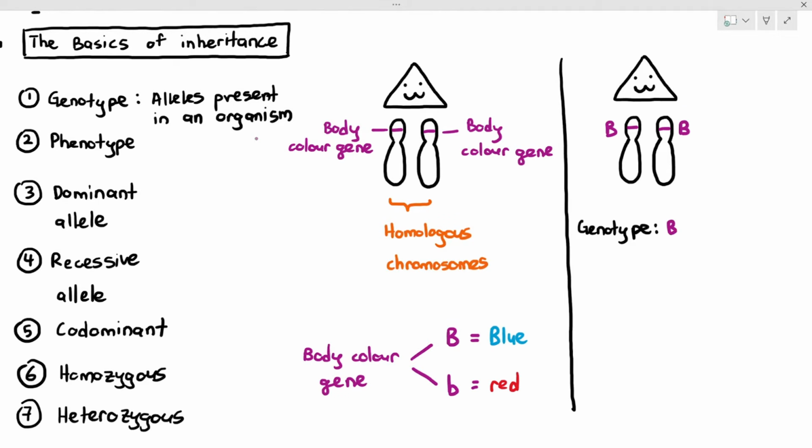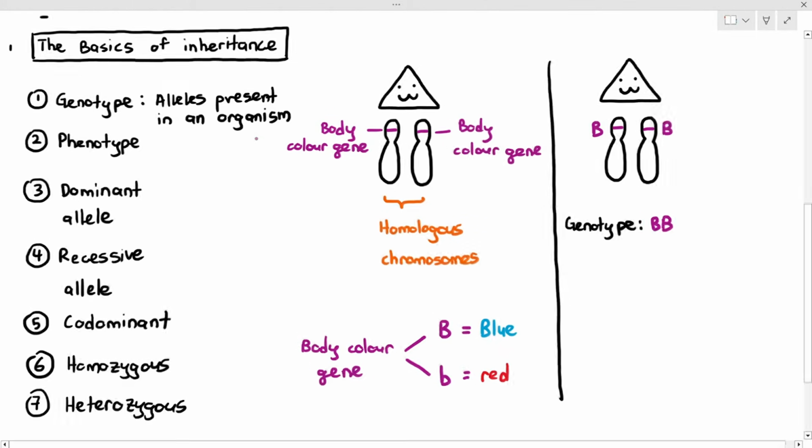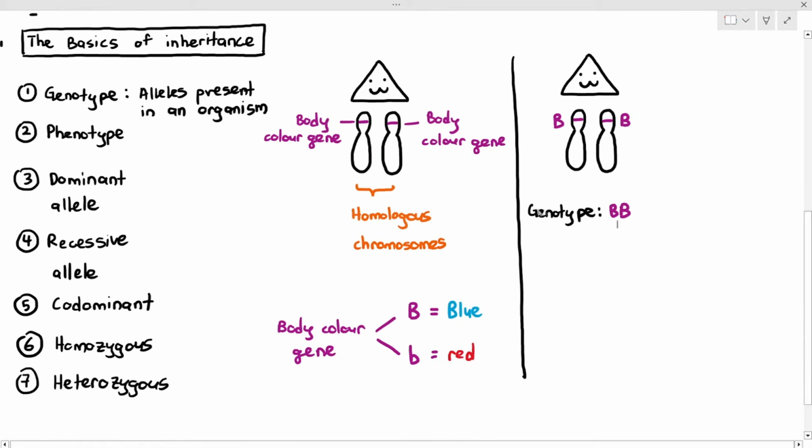This organism over here has a genotype of large B, large B. That's it. An easier way of looking at this is to just imagine that when they ask for genotype, they just want the alphabets. That's all we have to understand. It's not the best way to explain it, but they just want to know what alphabets or what alleles the organism has.